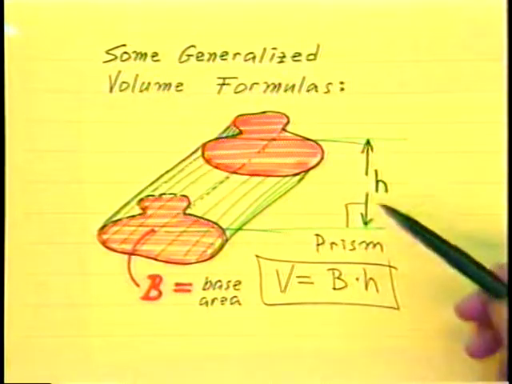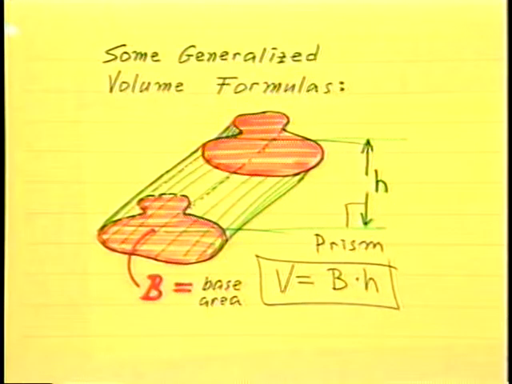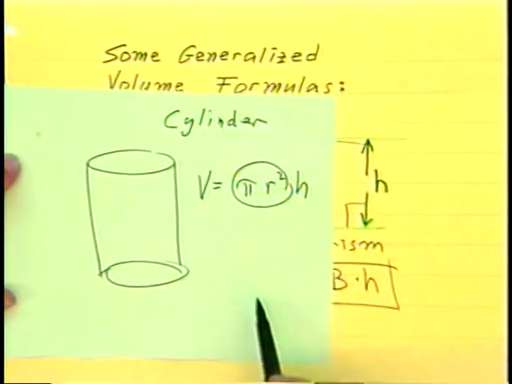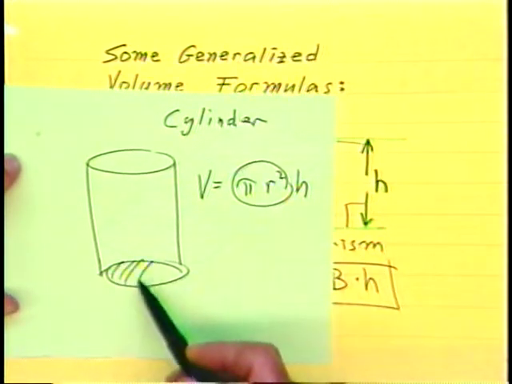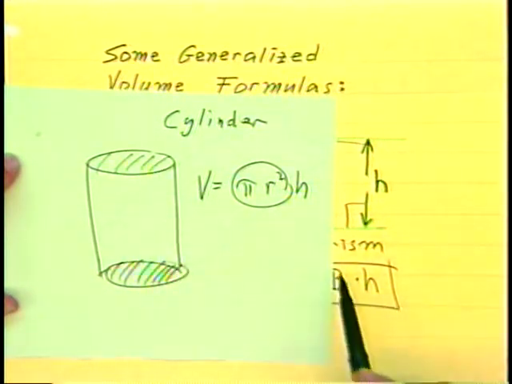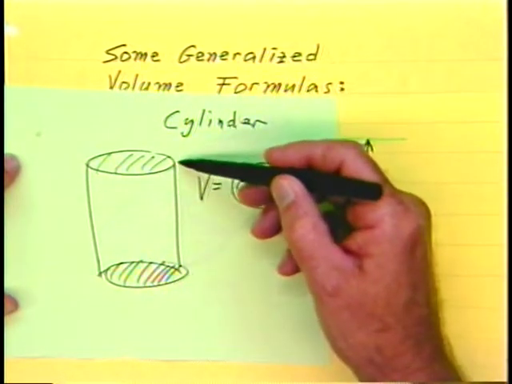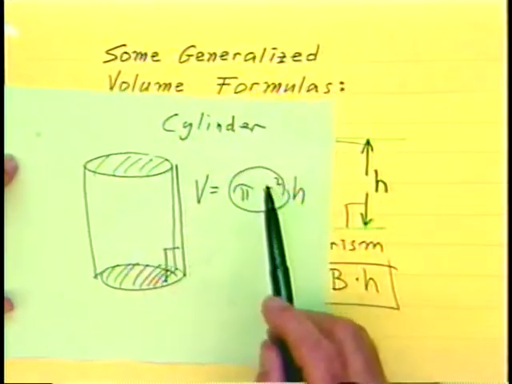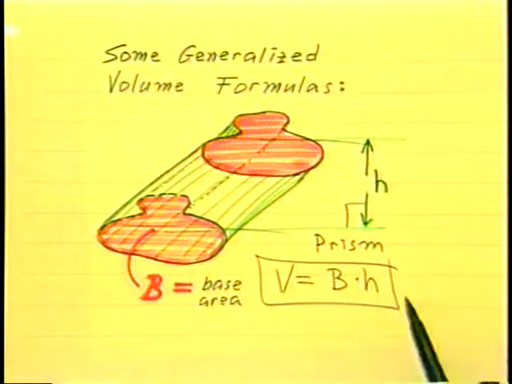Now, do you see that our cylinder was a special case of this? That the pi r squared of the cylinder formula is really nothing more than the area of the base, which is the same as the top, and the height is the distance between those two as measured on a perpendicular. So this is merely a special case of a larger category of figures.